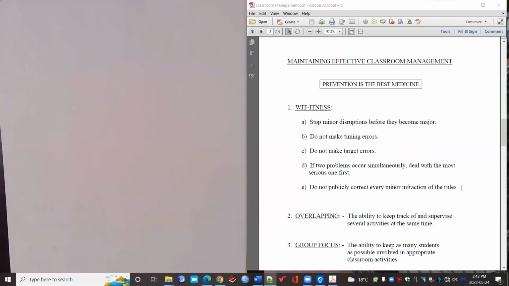And now, four simple ways to stop misbehavior quickly. I just mentioned some of those. Make eye contact or move closer.